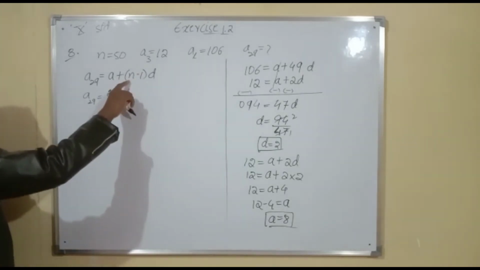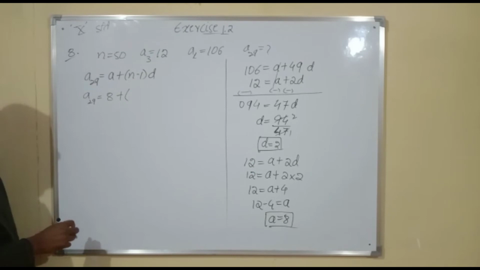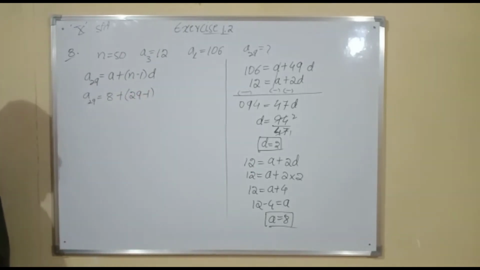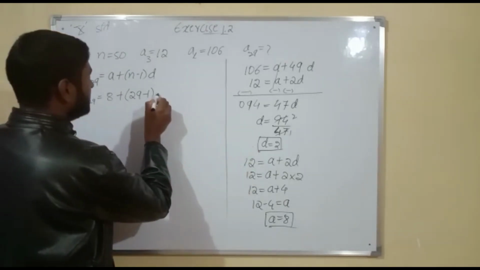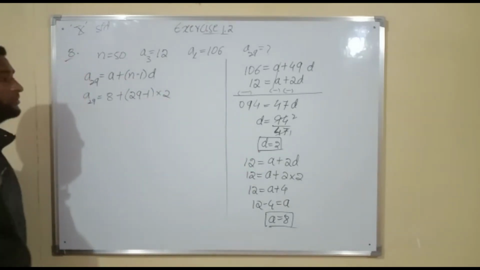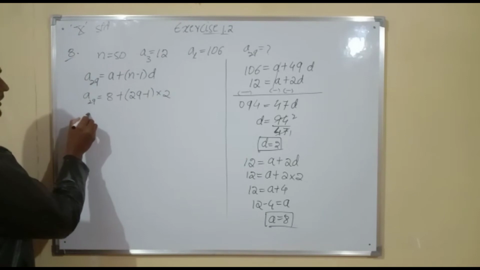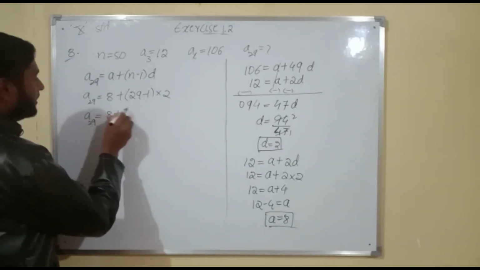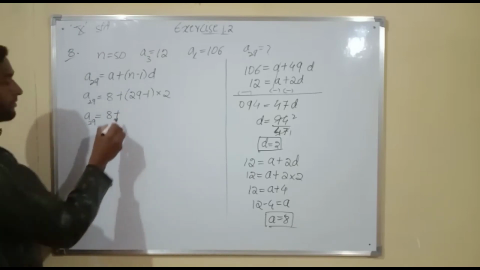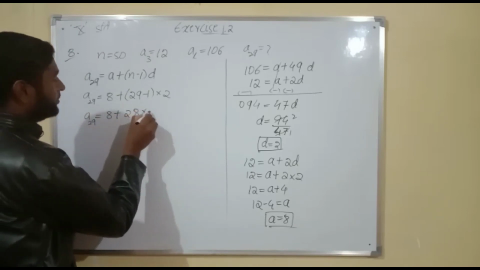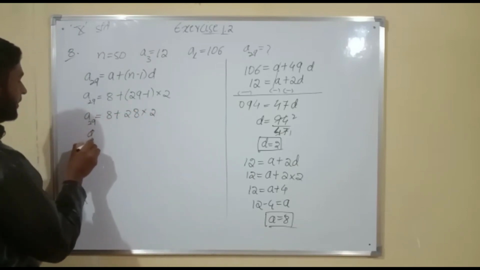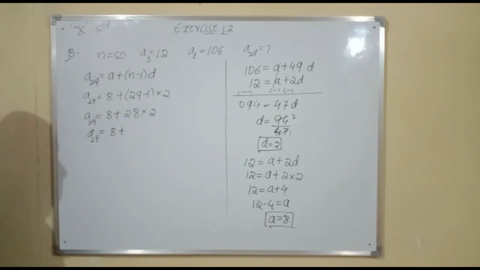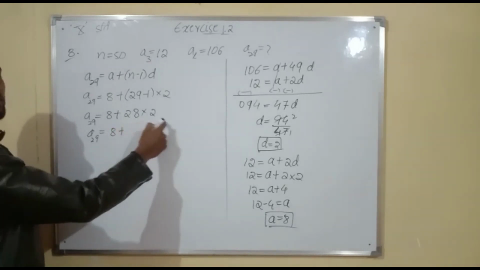See, what is the n? Because we have to find out the 29th term, n is nothing but 29, minus 1. Okay. So what is the d we got? It is 2. Okay. See, a29 is equal to 8 plus 29 minus 1, which is nothing but 28 into 2. 28 into 2.